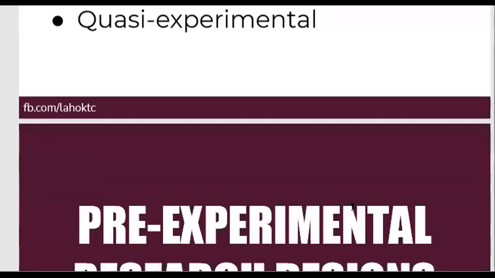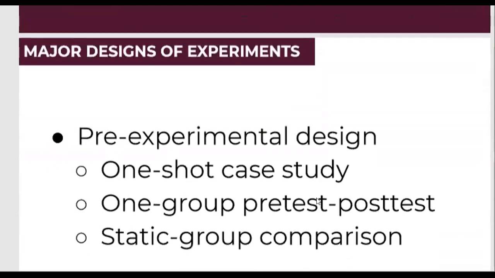We have the one-shot case study. Now, the one-shot case study design is a measure of a single group's post-test. So basically, this set of individuals inside the group will receive the treatment and then the post-test.